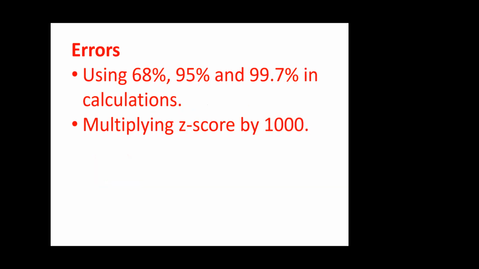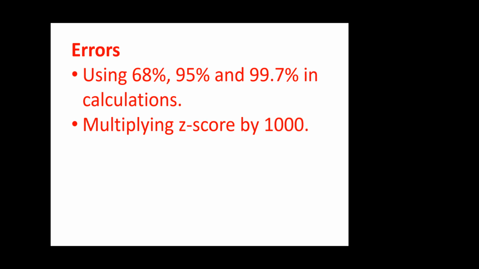As I said before, they wanted to use 68%, 95%. What some of them were doing was they got the z-score correct. Then they started to look at it and say, oh, well, this part here is 34%, from 0 to here is 34%. So take my answer away from 0.34 and then multiply by 1,000. They were doing some very strange things there.